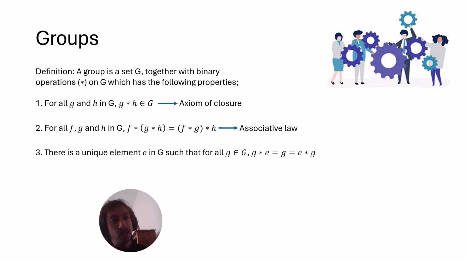Now the identity element has the property that if you multiply an element in the group by the identity element, you get back the element in the group you started with. And that rule is commutative in nature. So G star E is the same as E star G. You'll always get back to G.